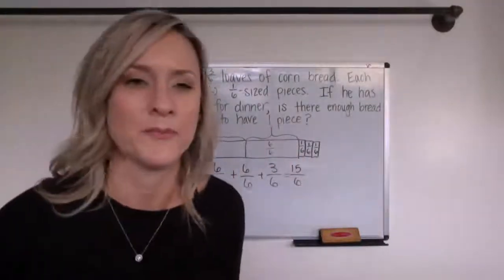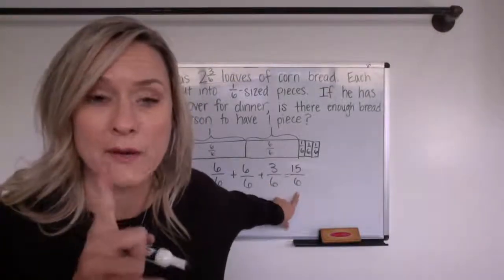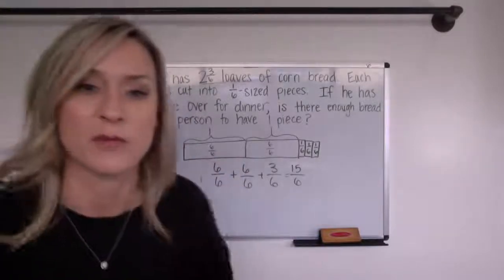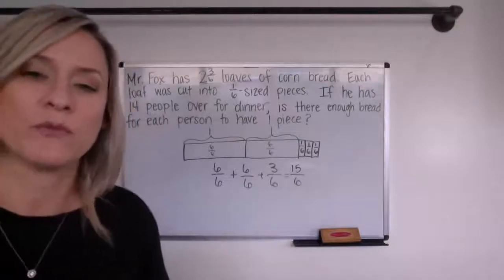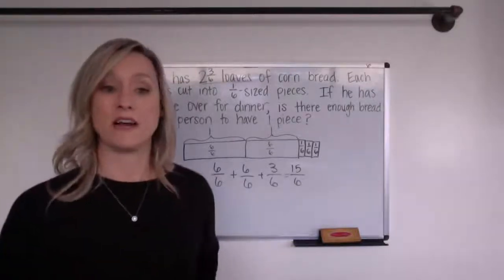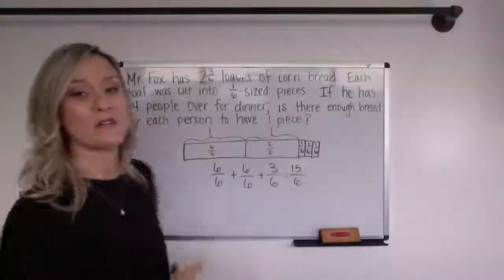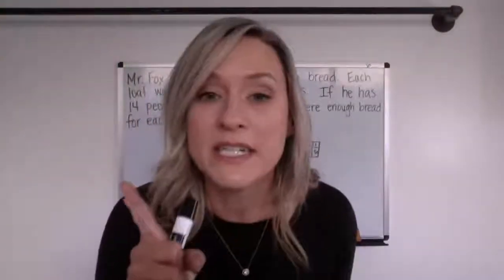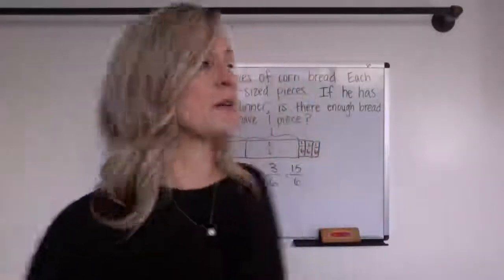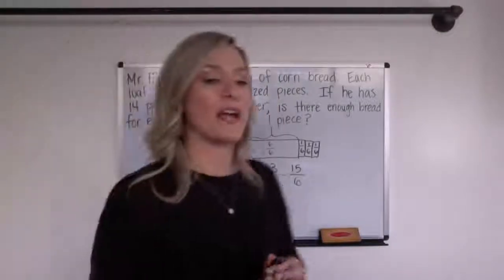Okay, now that means each person will or won't be able to get one if 14 people are coming over for dinner. Well, it means that everybody will get one, right? Because he would have to have 14/6 in order for every person out of all 14 people to get one. And he has 15/6. So that means somebody gets a bonus piece of cornbread, or there's leftovers for tomorrow. In my house, there'd be leftovers for tomorrow. I love leftovers.